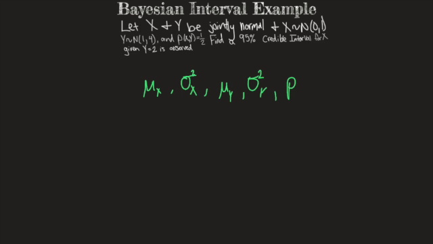Keep in mind that if x is normally distributed and jointly normal with y, we can use some of the helpful things we know.